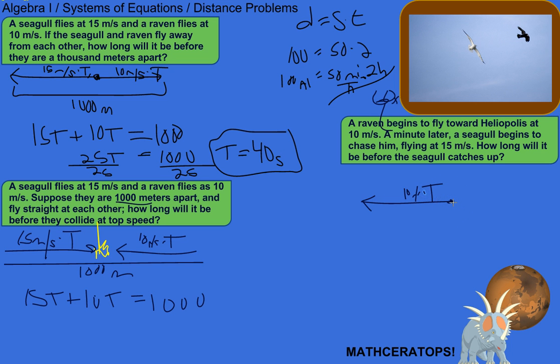Now, let's see how to visualize this. Let's call this a 60-second head start. So now the seagull is going to fly at 15 meters per second for a certain amount of time.